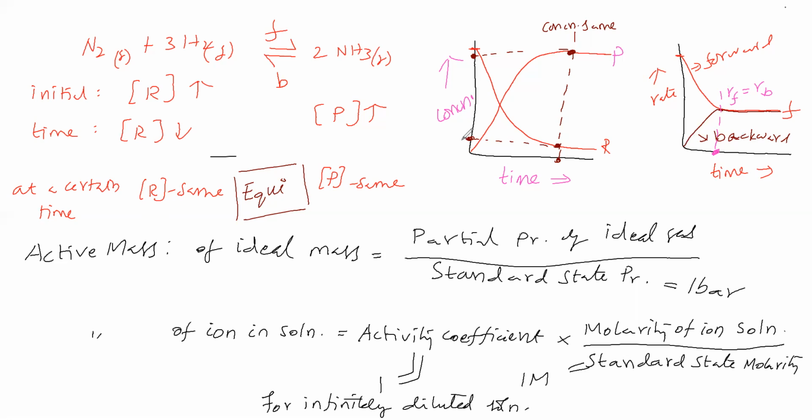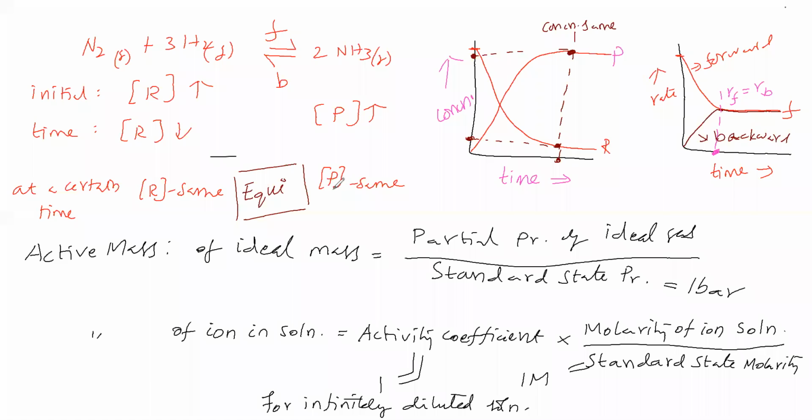See here in the concentration-time graph, concentration of reactant remains constant at this value, concentration of product remains constant at this value. This graph is not scaled, roughly drawn. They remain constant but with different magnitudes. Then how will rate of forward and rate of backward be equal?